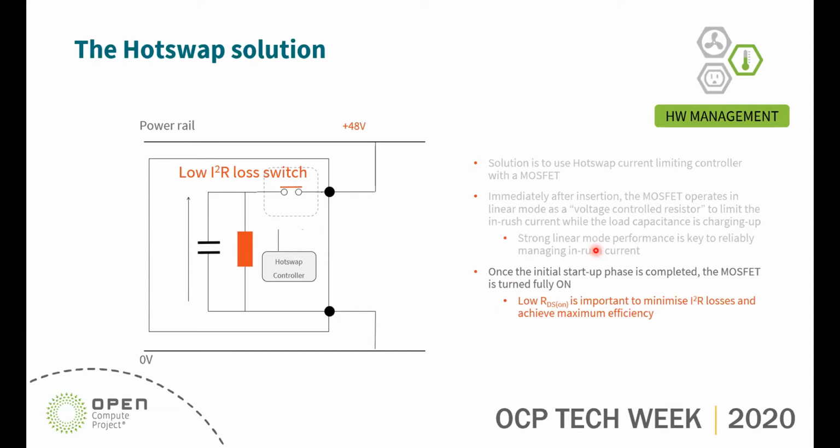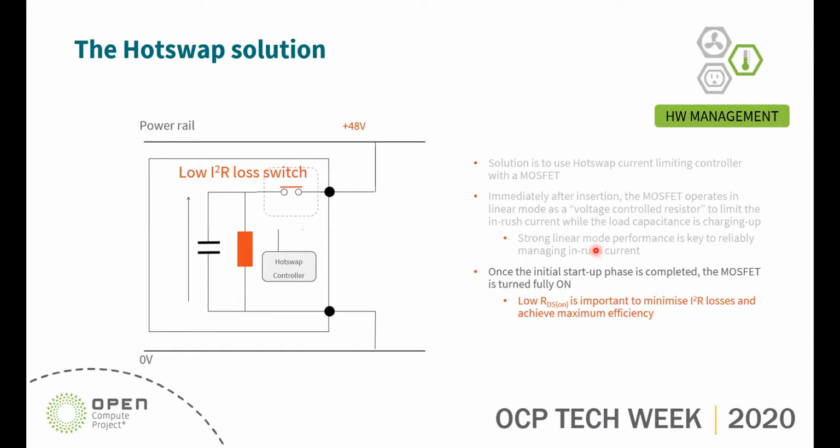Now, once you move away from the switching transition in the hot swap application, the MOSFET spends most of its life as a switch. Now it is fully enhanced, and for that, it needs to have the lowest RDS(on) possible.